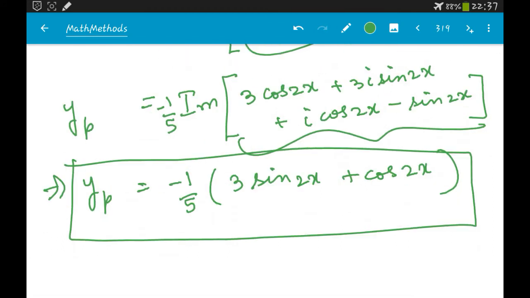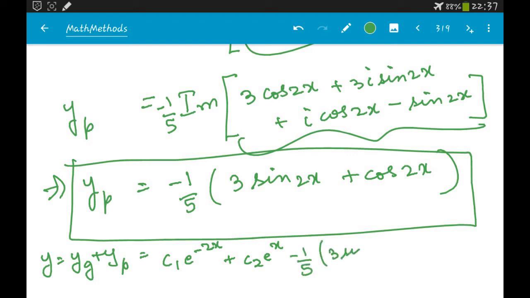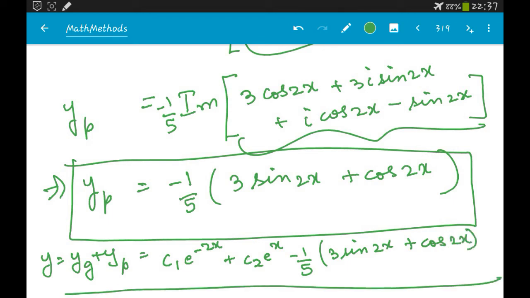So now you can combine. So y is nothing but yg plus yp. And what was yg? Yg was c1 e power minus 2x plus c2 e power x. And then yp is minus 1 by 5 into 3 sine 2x plus cos 2x. So this is how you have to solve for the equation. Alright.